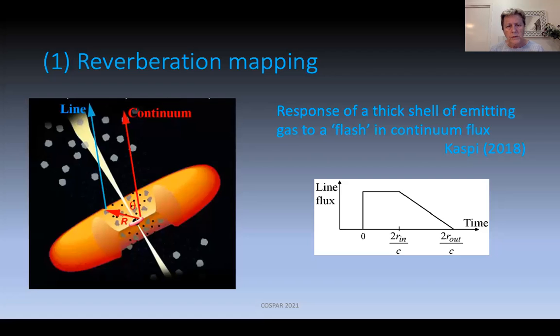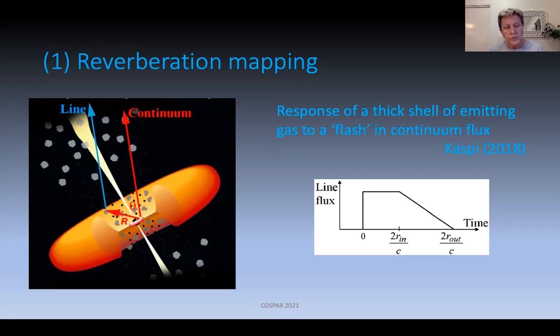So let's start with reverberation mapping. This is clearly the most mature of the techniques that I'll be talking about. And the very simple outline of how this works is that the quasar emits continuum emission from very near to the supermassive black hole. This continuum emission varies with time.